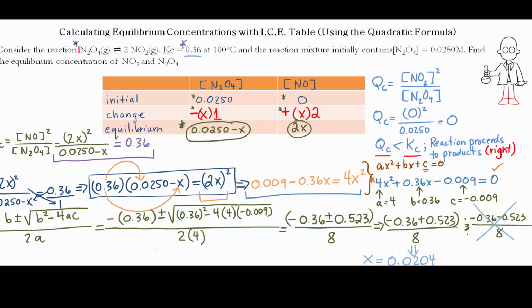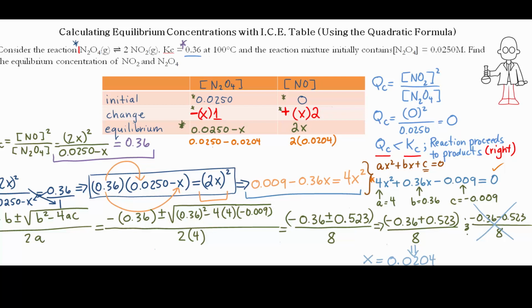So now what we have to do is we have to go up to the ICE table and put in our value for x that we solved for. So that would be 0.0250 minus 0.0204.